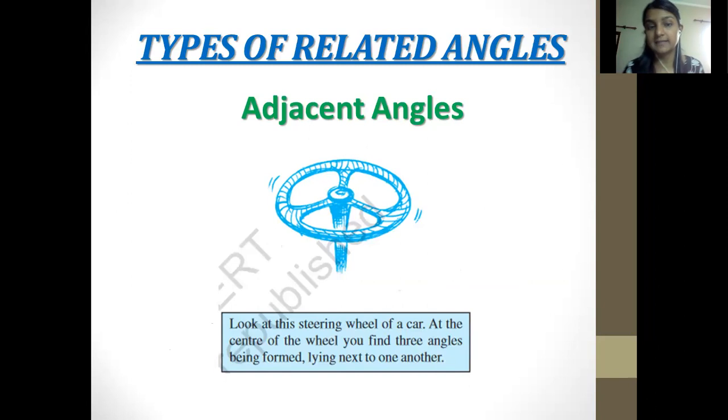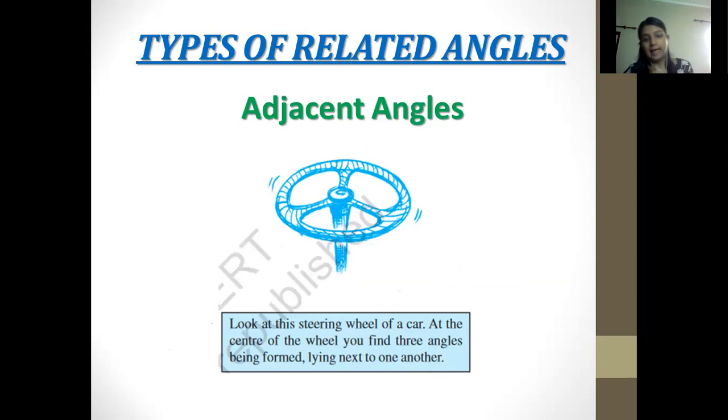For adjacent angles, we would be understanding more about adjacent angles. Now, what are you observing from this image? You can read the caption written downwards also. Look at this steering wheel of a car. So they are saying that it is a steering wheel of a car.